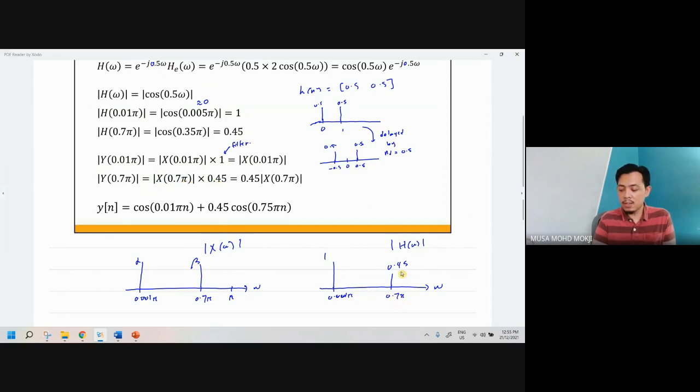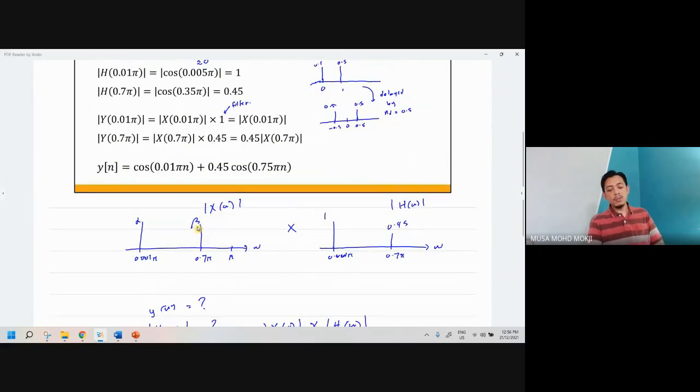We need to multiply these two to get the output. So at this frequency 0.7 pi, the output is 0.45 of the input signal at that frequency. Okay. And we already know that the magnitude in frequency domain relates to the amplitude in time domain.